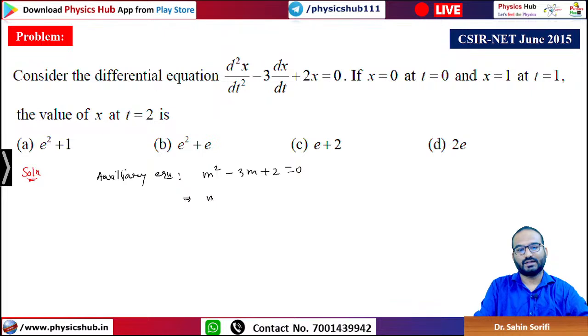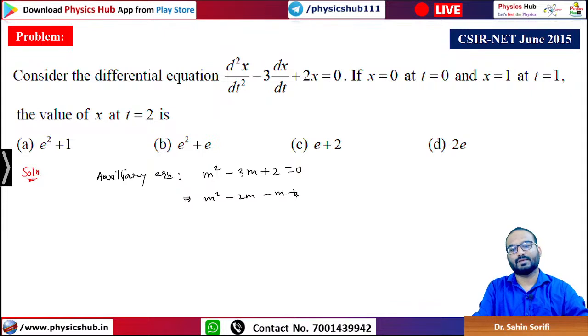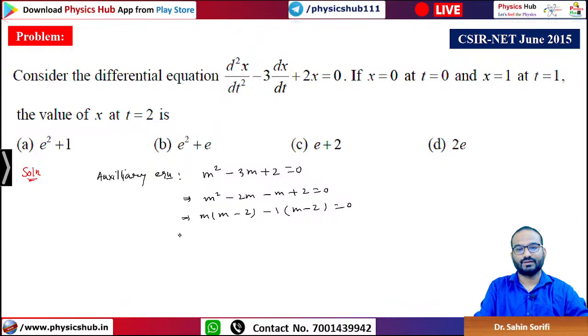So we can write it as m square minus 2m minus m plus 2, m into m minus 2 minus 1 times m minus 2. So m minus 2 times m minus 1 equals to 0. That gives us m is equals to 1 and 2.